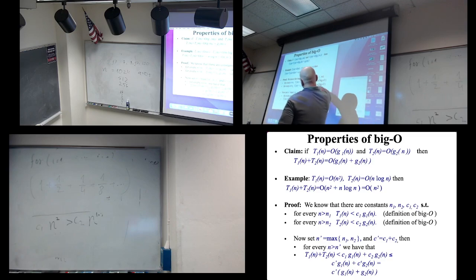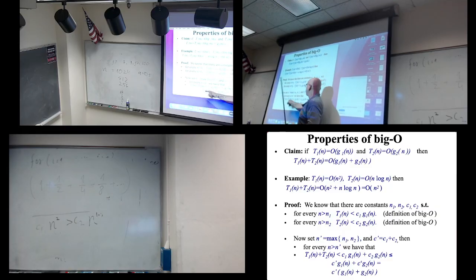How do you prove it? Since I said that T1 is order of G1, it means that I can show you constants C1 and N1 such that this is true; that's just shorthand for this long sentence. And it's up to me to show you these constants, but they exist. Similarly, I can show you constants C2 and N2 such that for any n larger than N2, this holds.